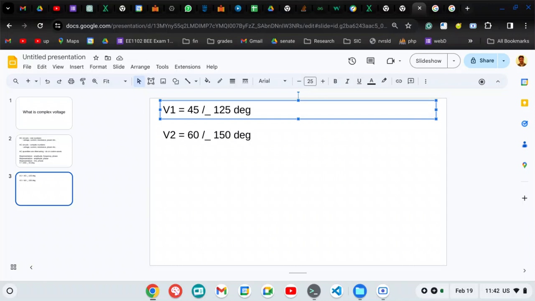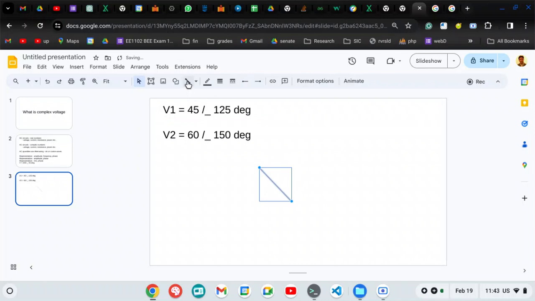But how do you exactly tell that? Imagine that there are vectors drawn for it. V1 will be 125 degrees. This is vertical 90 degrees, then maybe this is 125 degrees, and one more vector will be like this. This first one is V1, next one is V2.